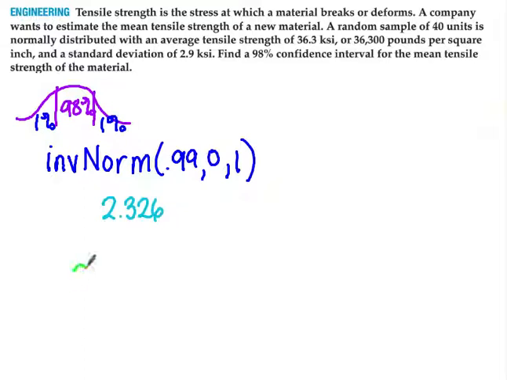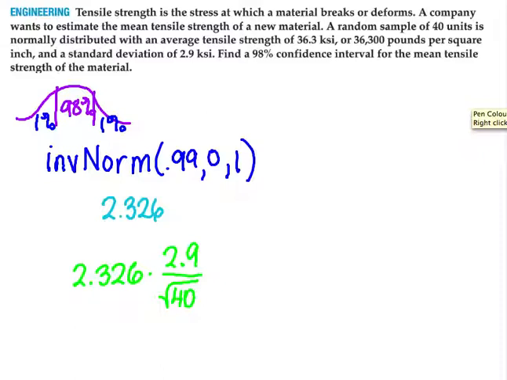Okay, so now I've got to find the maximum error of estimate. So I'm going to take 2.326 times what? 2.9 over square root of 40. What does that come out to be? 1.067. Good. And so now I need to use my mean, which my mean is what?